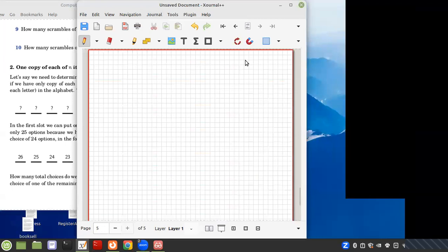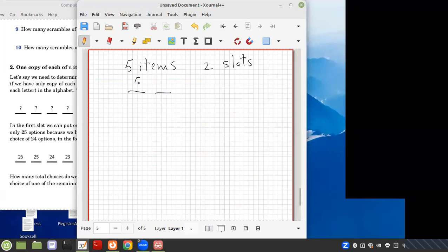Let's say that you have 5 items and you only have, say, 2 slots to put them in, okay? So you only have 2 slots, right?